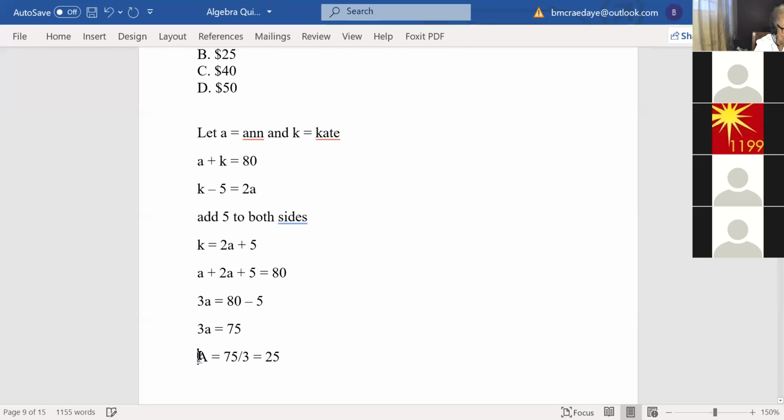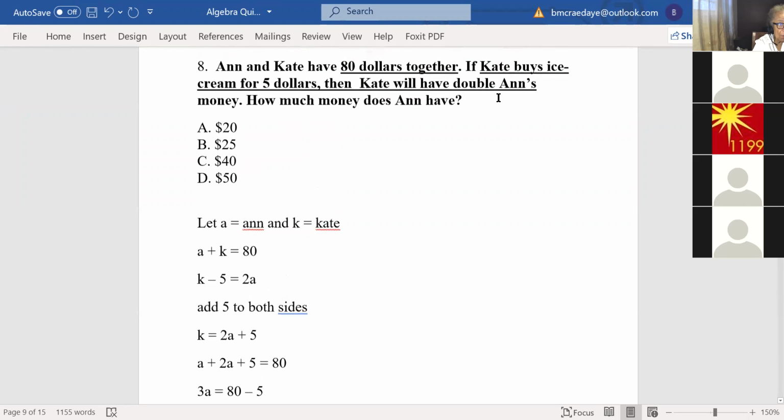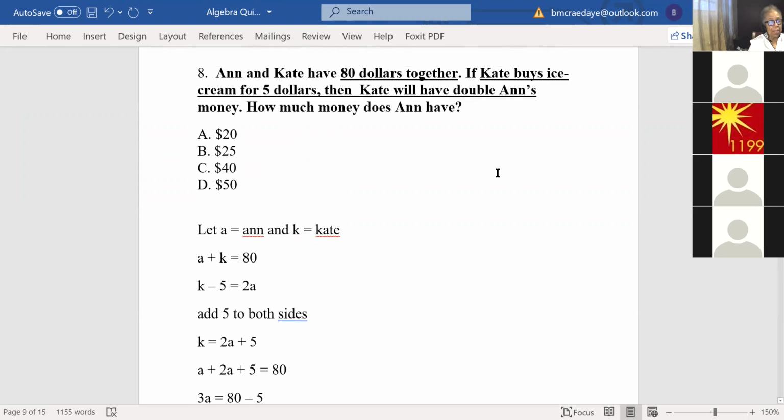So that's one way of doing it. But what you did was fine. Chastity, repeat what you said. You said you took the 5 out of the 80, right, and had 75 left. And then for Kate to have double, you said, well, one had 25 and double 25 is 50, and 50 and 25 is 75. And that would be a nice, neat way of doing it, okay?